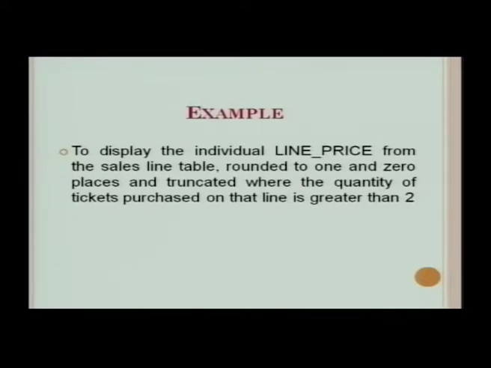Display the individual line_price from the sales line table, rounded to 1 and 0 places and truncated, where the quantity of tickets purchased on that line is greater than 2. This is the question that we have to put in the form of an SQL command.